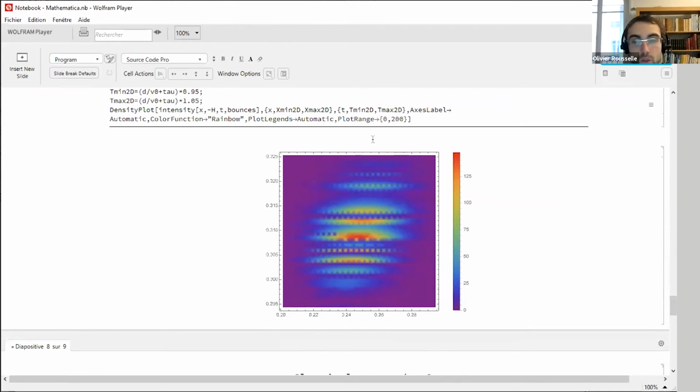And you can see that in the 2D plot, we have a nice interference figure at the end. So this calculation is just to confirm that with such a design, we can obtain at the end an interference figure because of the interference between the different quantum paths.